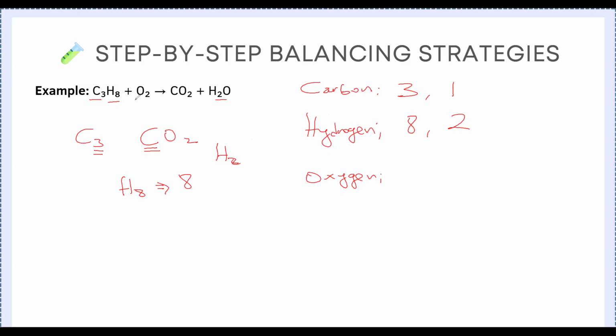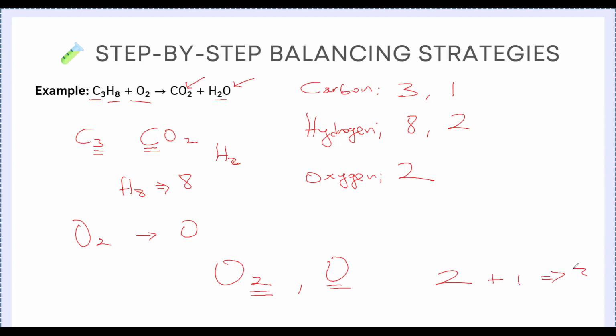And then oxygen on the left, you can see we have O2. And on the right, we have just O. So 2 on the left. Oxygen actually appears 2 times. Let's not mistake that. So we have over here O2. Let's write that out, O2. And then over here we have O. O2 and O. So 2 atoms of oxygen over here and 1 atom of oxygen over here. 2 plus 1 gives us 3.